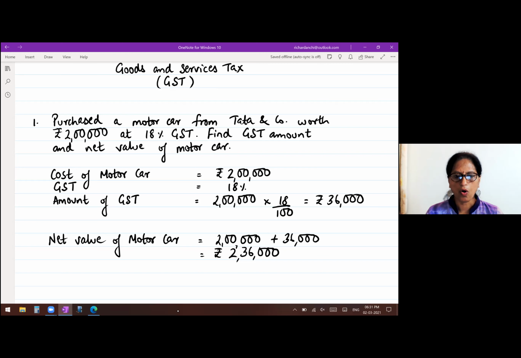Now remember that always this GST has to be divided into central and state. So it is called CGST and SGST. So for purchases, it is called as input GST, and for sales, it is output GST. We will take one more example.